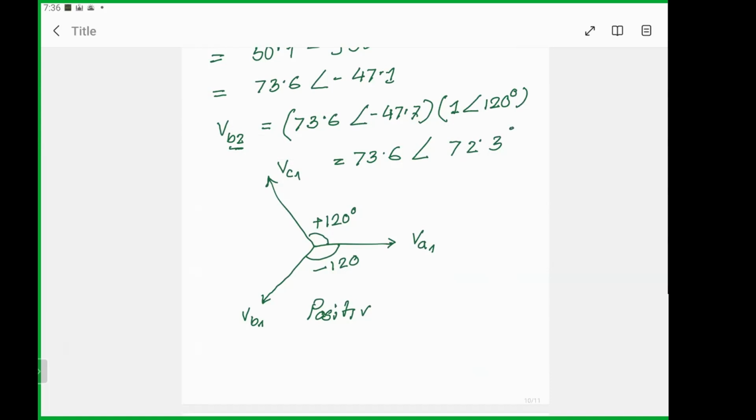Yeah, correct. Now you can convert this back to rectangular form, or keep it as it is.